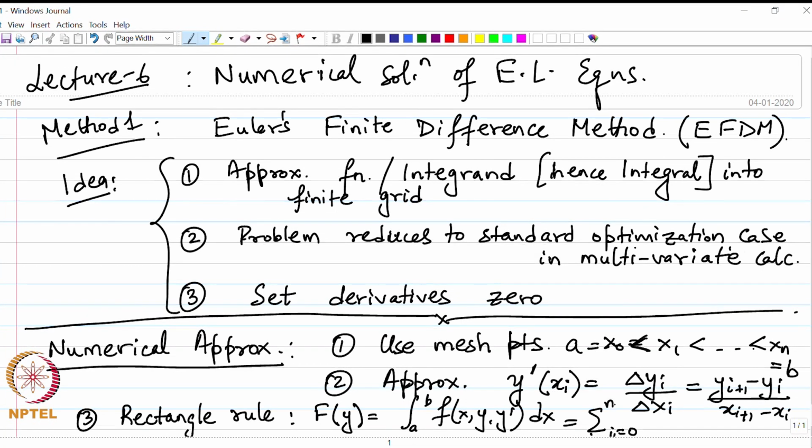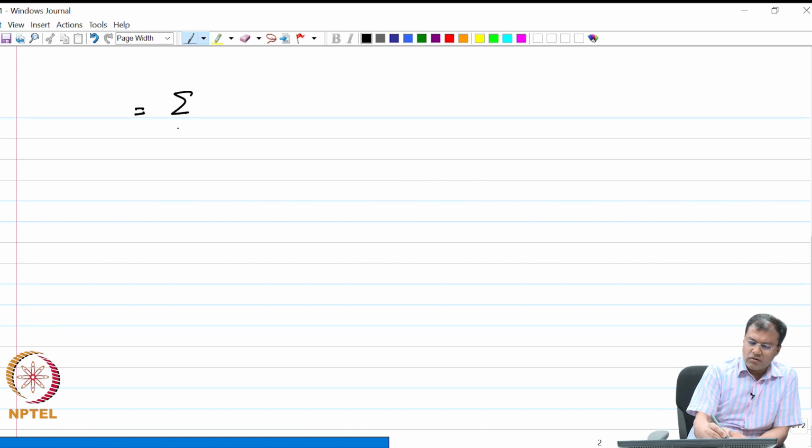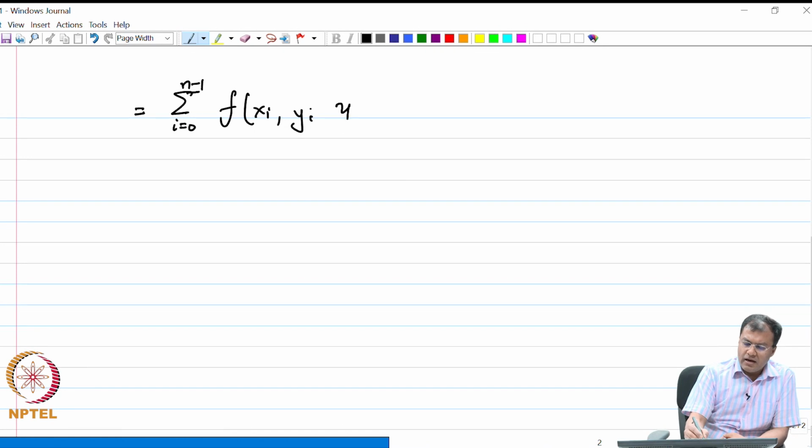So, the integral changes to a summation, i from 0 to n, well, it will be from 0 to n minus 1, because our function involves a quantity like yi plus 1. So, the summation involves i from 0 to n minus 1 of f of xi, yi and derivative of y at xi, which is approximated as delta yi by delta xi, right.